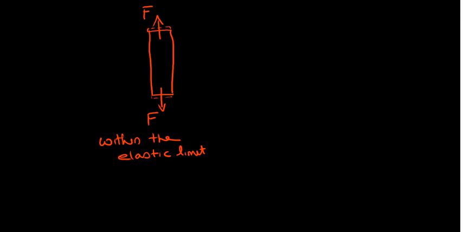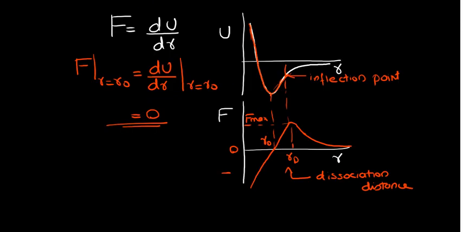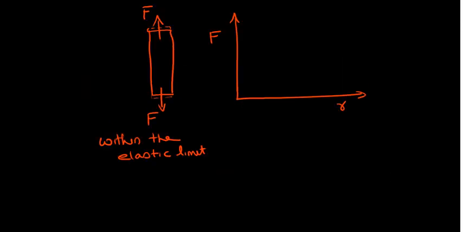If you make a plot of the force to displacement, I will use r here, just so that I can compare this with the interatomic separation distance. So this is nothing but the displacement, force along the y-axis and displacement along the x-axis.